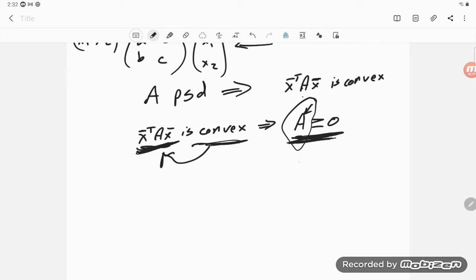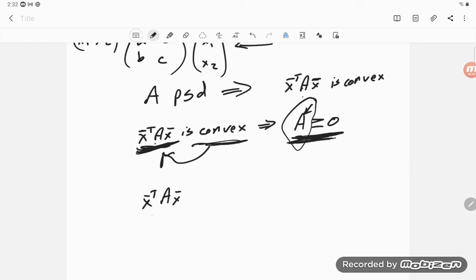In the end, suppose that this function x transpose Ax is convex.